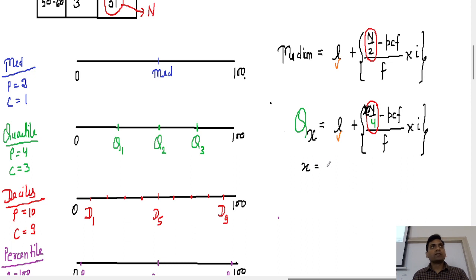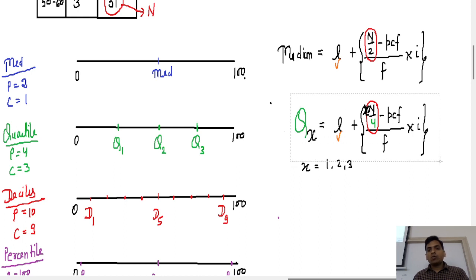You may put 1, 2, 3. So you may put x is equal to 1, 2, 3 for quartiles. If you need first quartile, you can put x is equal to 1. For second quartile, you can put 2. For third quartile, is it clear? Any doubt? Please ask if you have any doubt. Okay, fine.